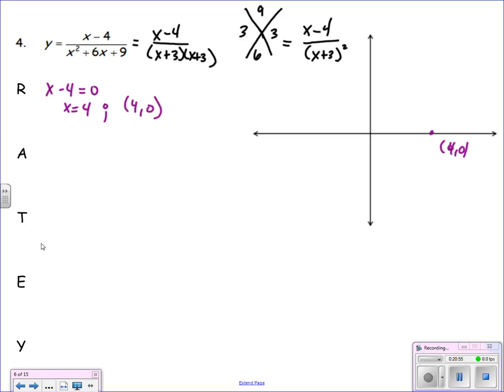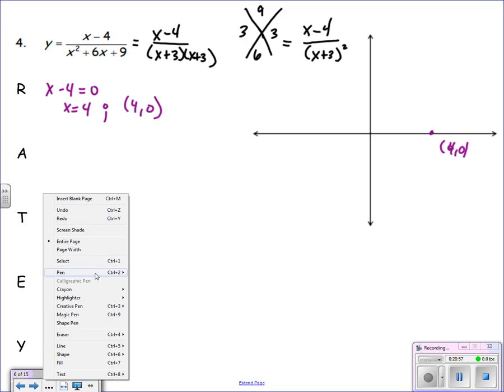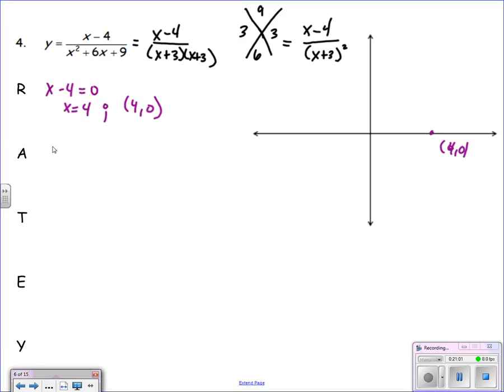But now, I need to find my vertical asymptotes by putting my denominator equal to 0. And since they're the same expression, I only need to take one of them and subtract 3 on both sides. So I would have x is equal to negative 3 as my vertical asymptote. So that's over here.